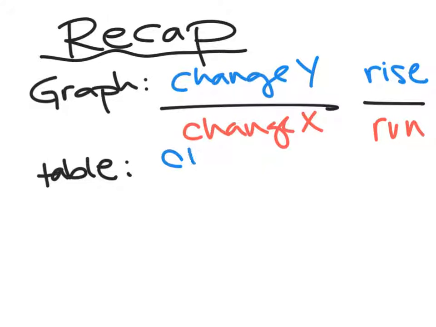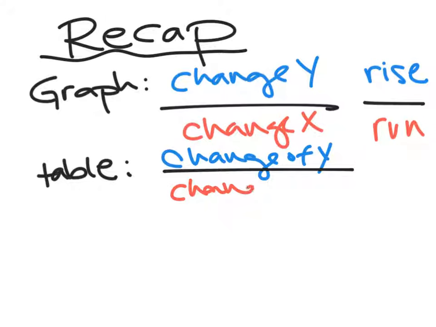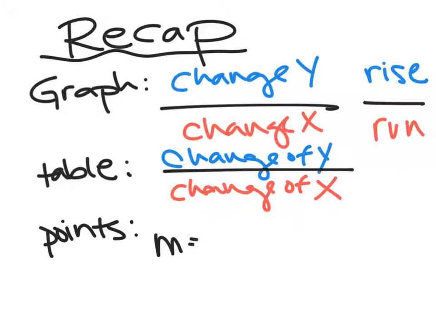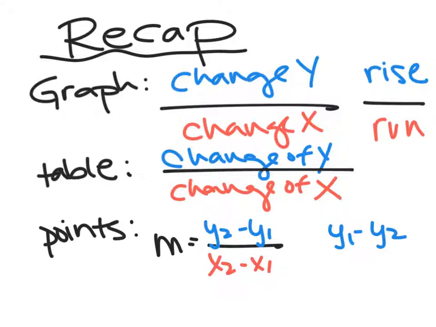It's the change of y over the change of x. When we're given points, we know the formula is m is equal to y2 minus y1 over x2 minus x1, or you could say y1 minus y2 over x1 minus x2.